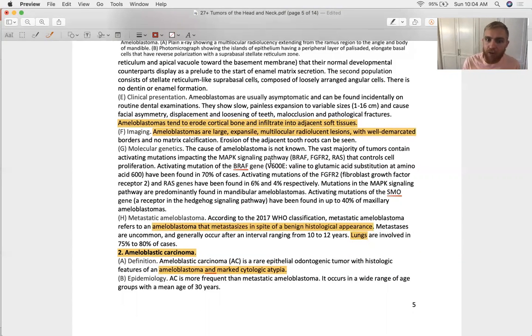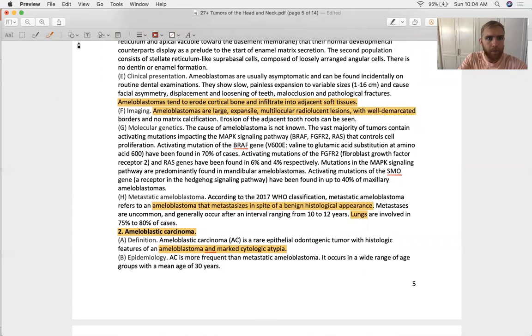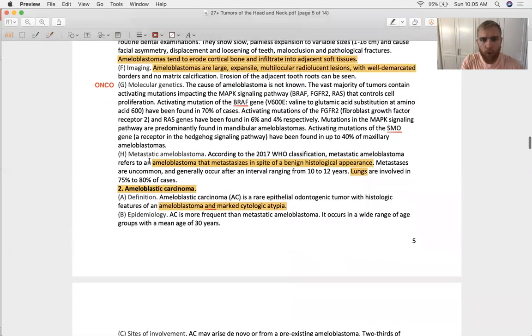More MAPK means quicker cell division. So that's why you see a bunch of ameloblasts, because they're hyperactive. This is an oncogenetic pathway, not a tumor suppressor gene pathway. So we will specify that and then tack it onto the side here, because that's a favorite line of questioning.